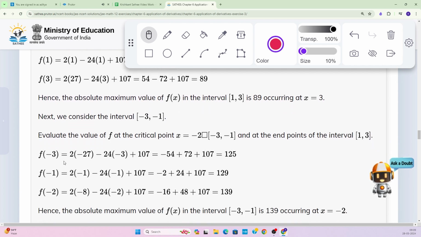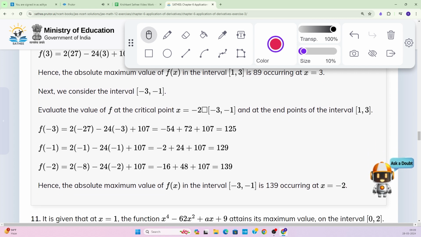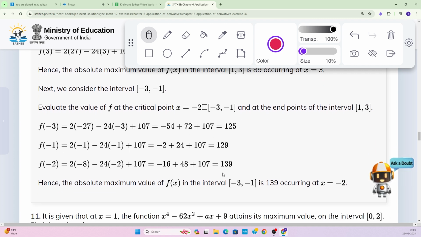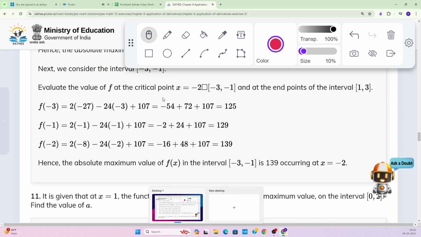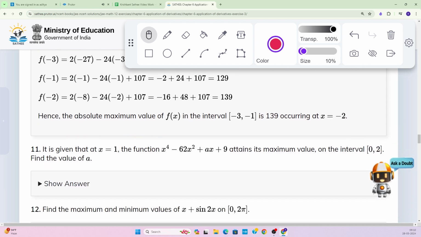Now f of minus 3 will be 125, f of minus 1 will be 129, f of minus 2 will be 139. So this means your maximum will be at x equals minus 2 and it will be 139. Clear? Okay, let us move next.